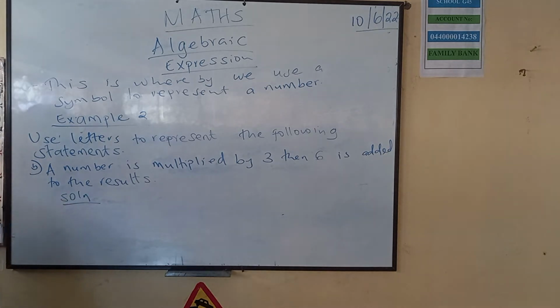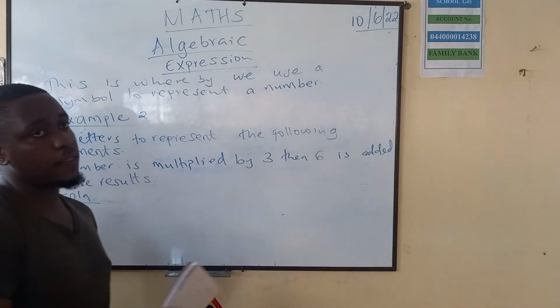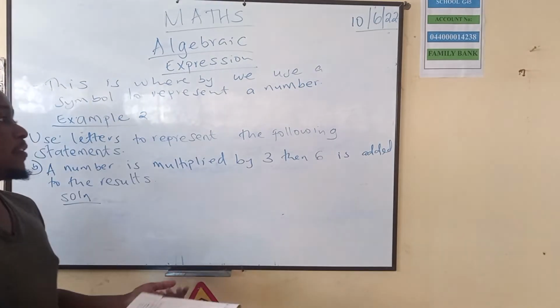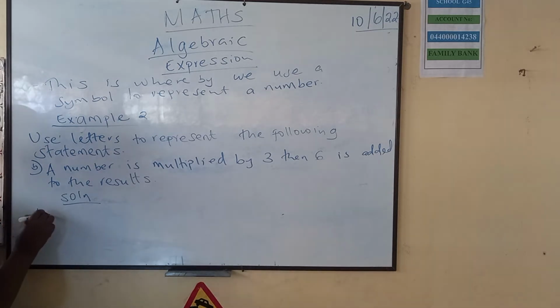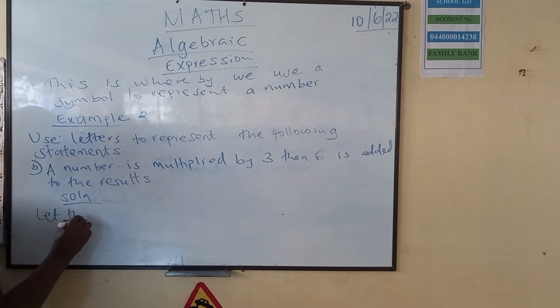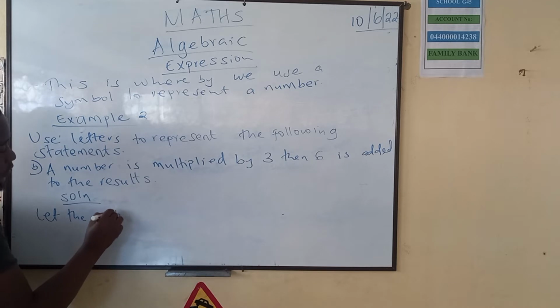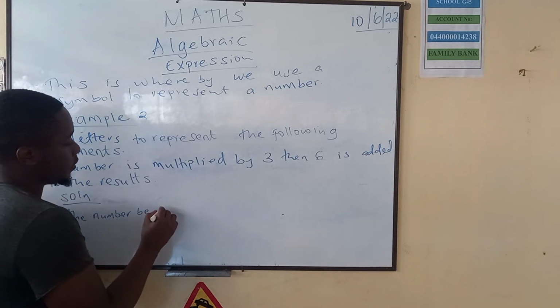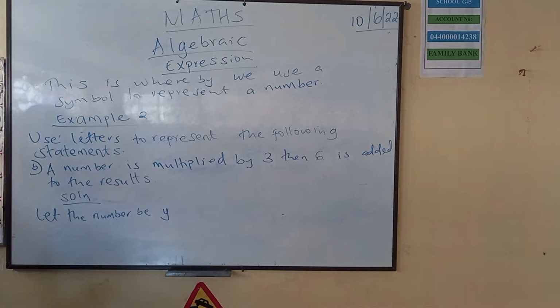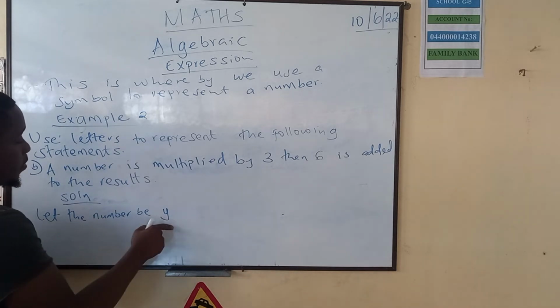Now, we do not know the number, we do not know if it is 1, 2, 3, 7, 11, etc. So we just let the number be, let's use y this time. So let the number be y.